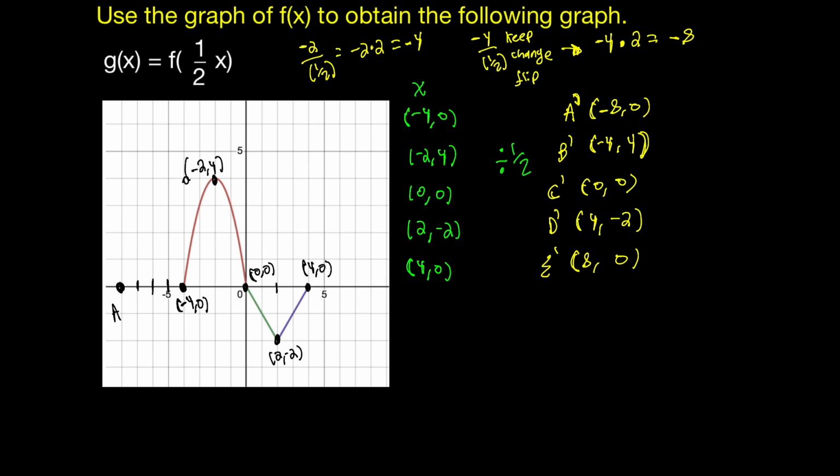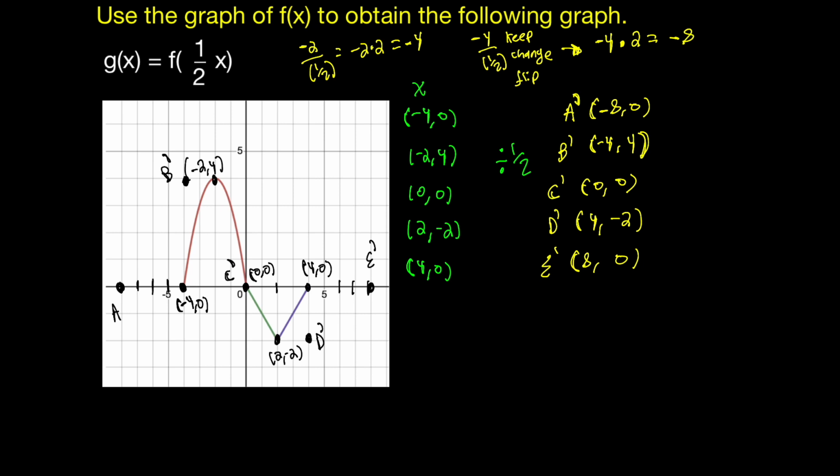So 1, 2, 3, 4. That's going to be B prime. The origin, that's my C prime. Now I'm going to plot D prime, which is at 4, -2. So I'm going to go down 2 units. And then finally, I'm going to plot E prime, which is at 8, 0. So here I have E prime.